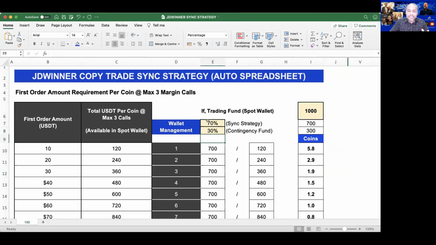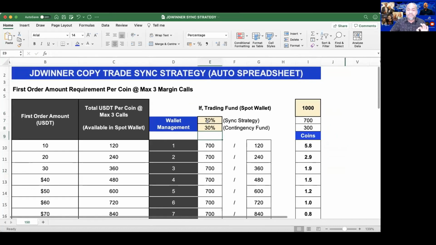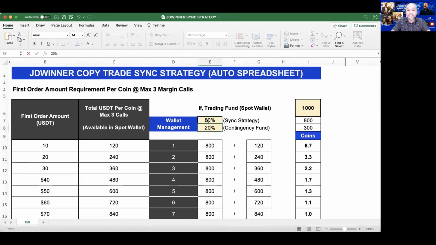But for the JDWINNER Strategy, the minimum wallet management is about 80% and 20%. If you want to have more contingency fund, you can increase that to 30%, 70%. It's up to you. Now, this will help you to manage your wallet effectively. I hope this is really incredible.